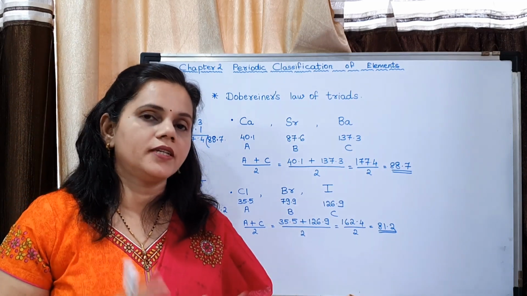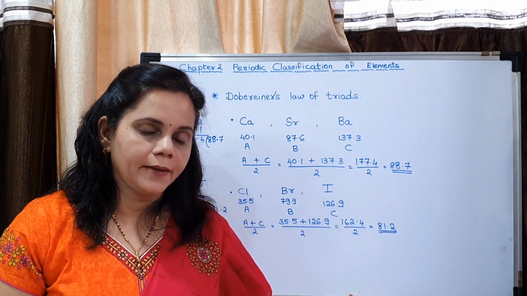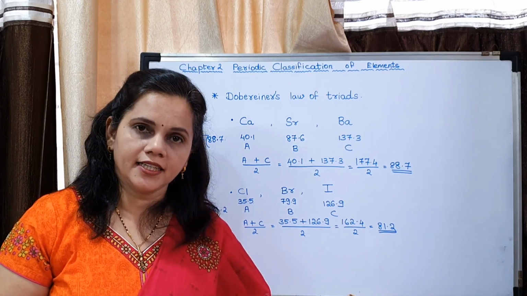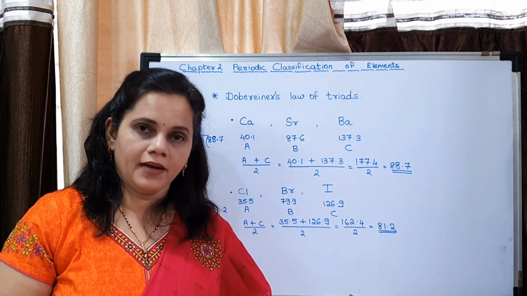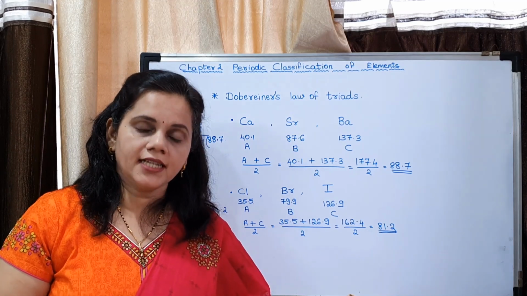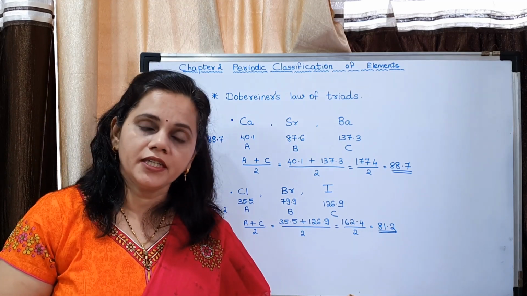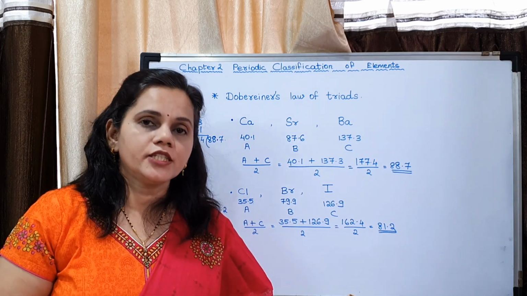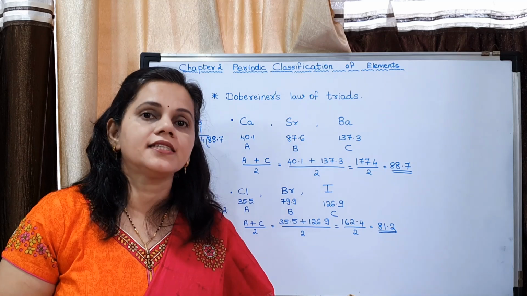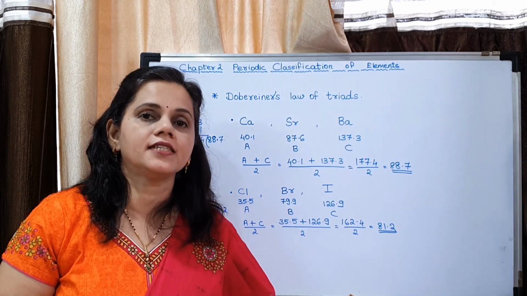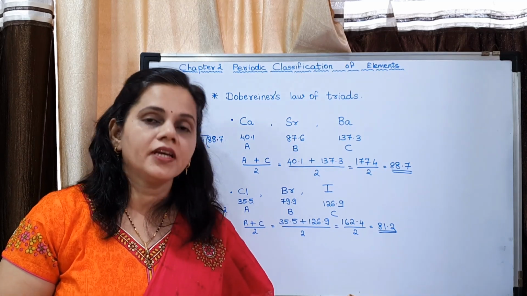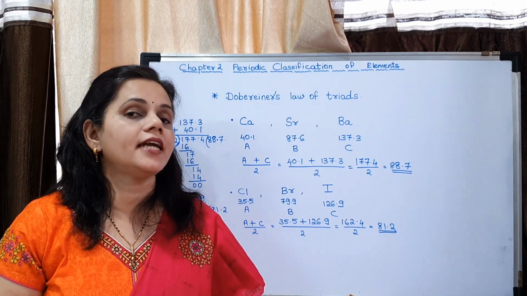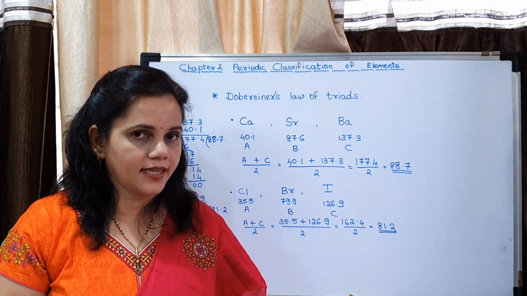So what is Dobereiner's law of triads exactly? First of all, the elements were arranged in the increasing order of atomic masses. He suggested that elements could be classified into a group of 3. These groups of 3 were called triads or Dobereiner's triads. He was able to make only 3 triads out of the 30 elements which were known at his time.